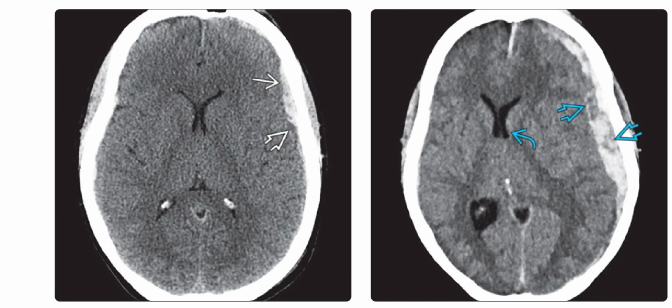Axial non-enhanced CT scan is seen in the left image in a 30-year-old man with head trauma, and shows a small mixed density acute subdural hematoma over the left frontal and parietal lobes. Subtle hyperdensity within the acute subdural hematoma was concerning for rapid accumulation of unclotted blood.